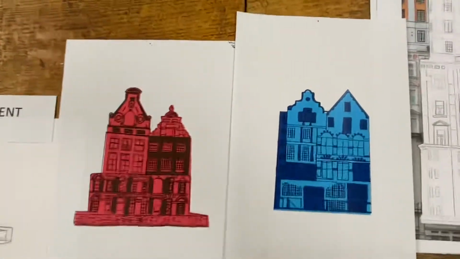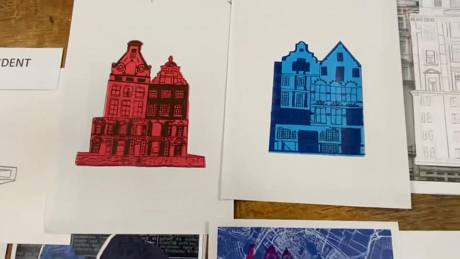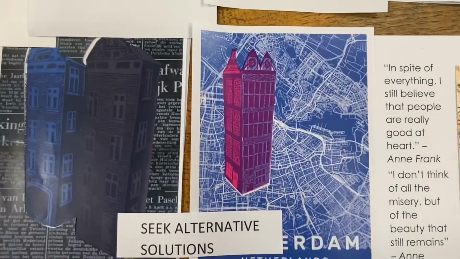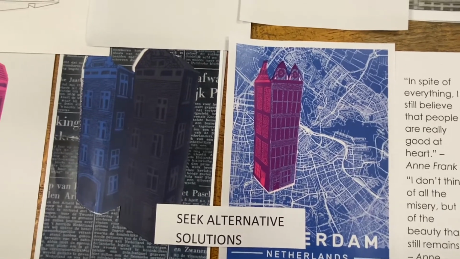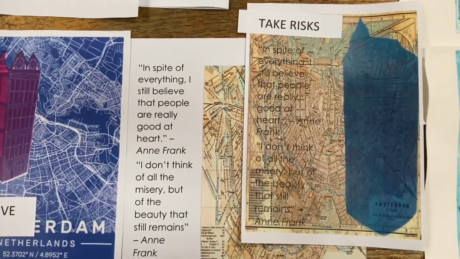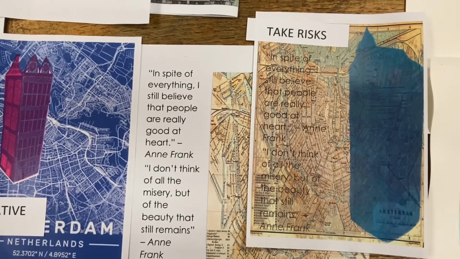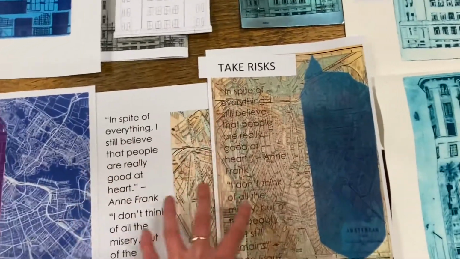We can see more work with slightly different imagery and different colourways. And then pupils are going on to consider context. Here we see some map reference to Amsterdam where the buildings are from. And moving on, some reference to Anne Frank because he's thinking about the context. This is early design work. It's not resolved at this stage.